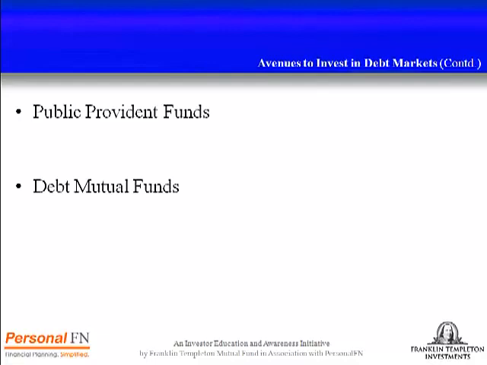Debt mutual funds. Today, there is a plethora of investment options available under the category, which makes it very difficult for you to choose from among multiple bank deposits, hundreds of corporate deposits, thousands of small savings schemes, etc. As it is nearly impossible to invest in multiple debt instruments, debt mutual funds provide you the advantage of taking exposure to multiple fixed income instruments through a single investment product.